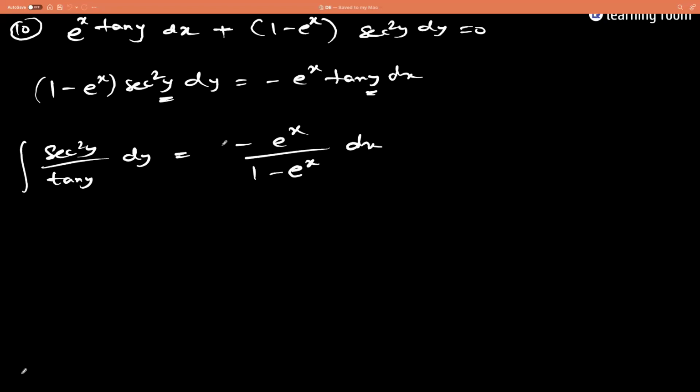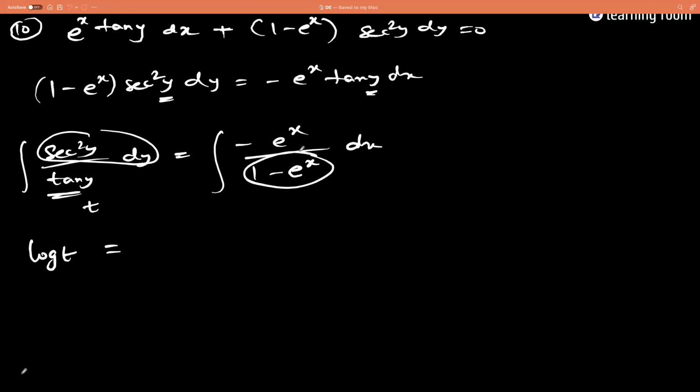So if I integrate on both the sides, if I put tan y is equal to t, secant square y dy is dt. So here you will get log t is equal to, if I put 1 minus e power x as z, then minus e power x dx is dz. So you will have log z plus log c. Okay.